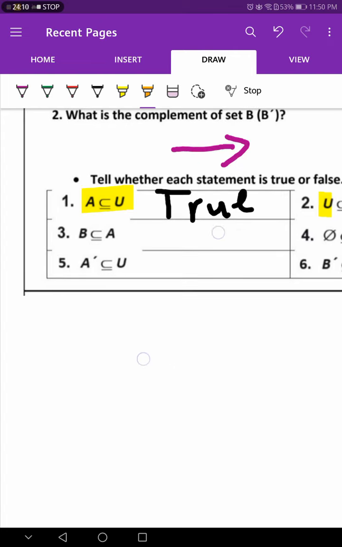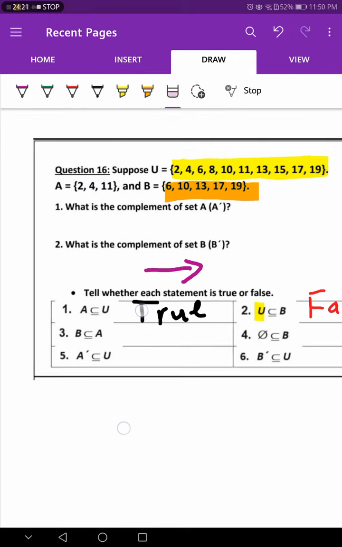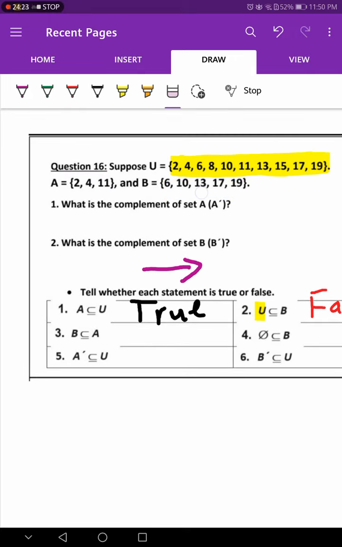Number 3, he asks you, is B a subset of A? Let us check. Where is B? Here it is. How do I read it?